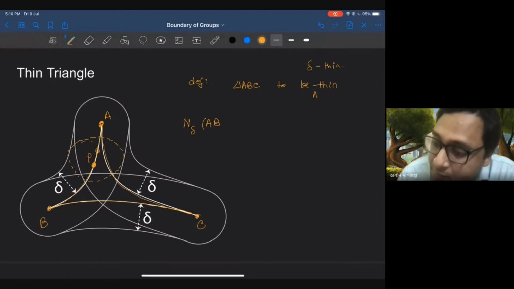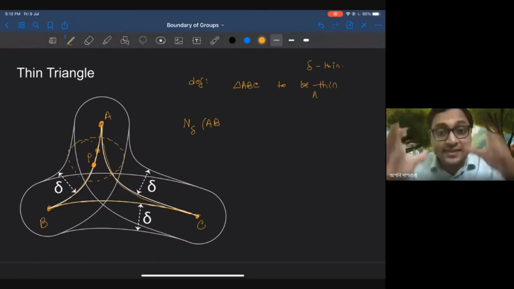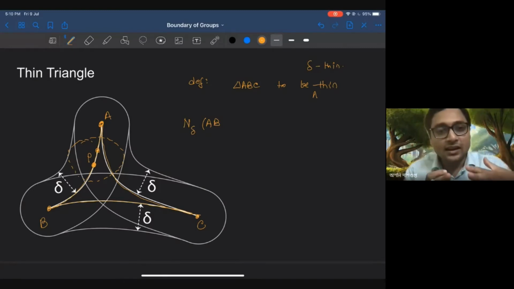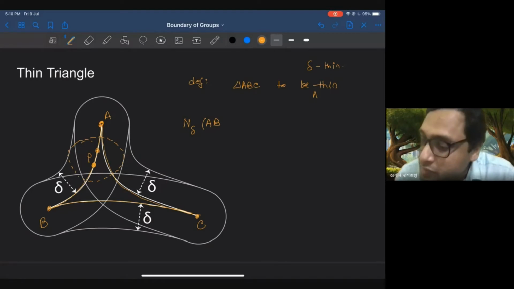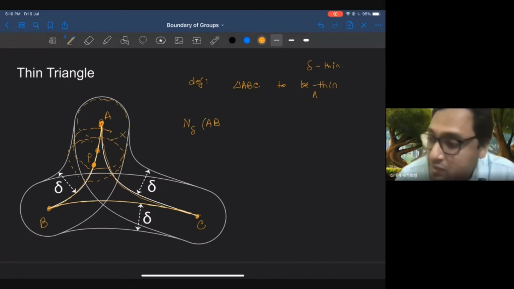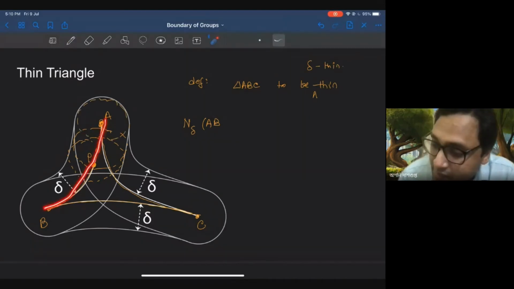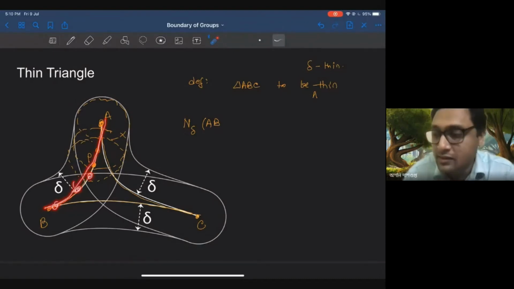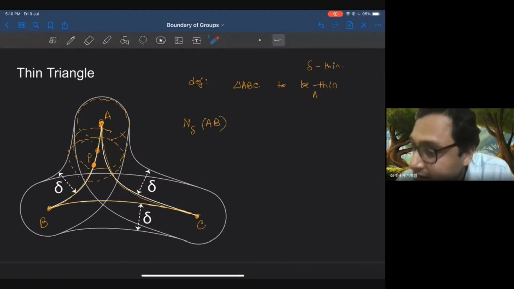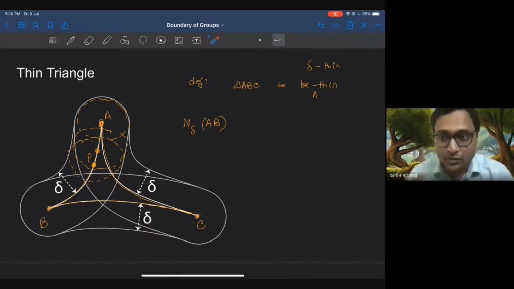You do that for every point, and you take the union of all of those balls. That gives you the delta neighborhood of the entire line segment AB. We write the letter delta here and AB here to mark how fat this neighborhood is.